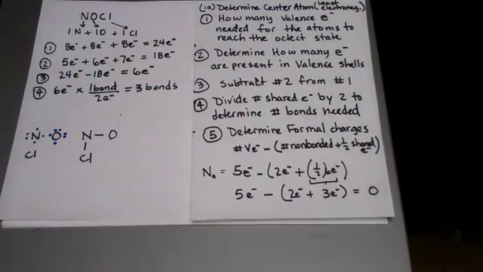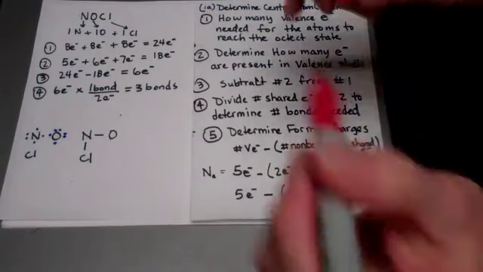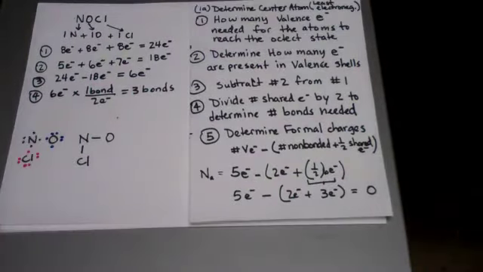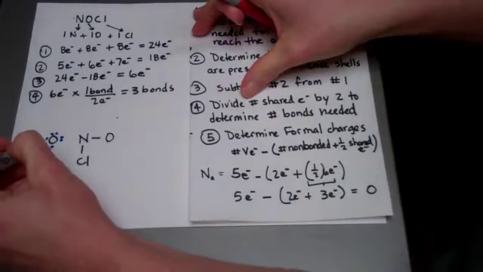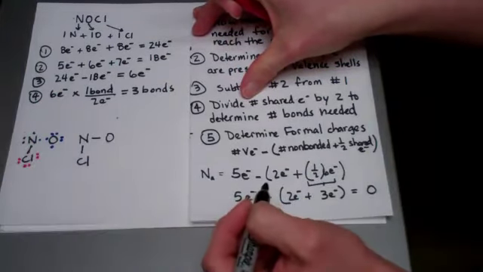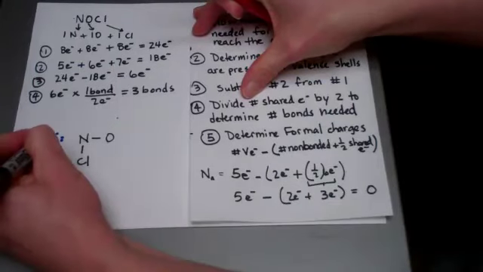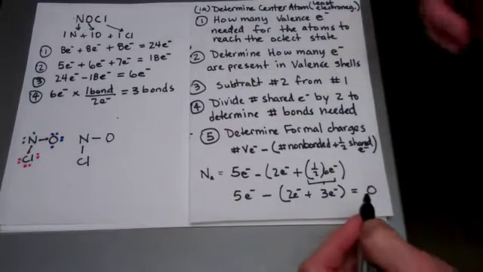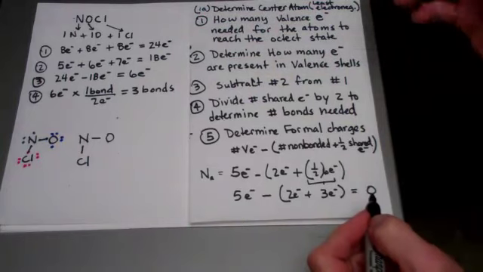And the chlorine has 7. We'll put that in red. So the chlorine's going to have 7. So we can see obvious places where the nitrogen and the chlorine are going to share an electron to form a bond. So here's a single bond that forms here. We can also see our nitrogen and oxygen are going to share as well.